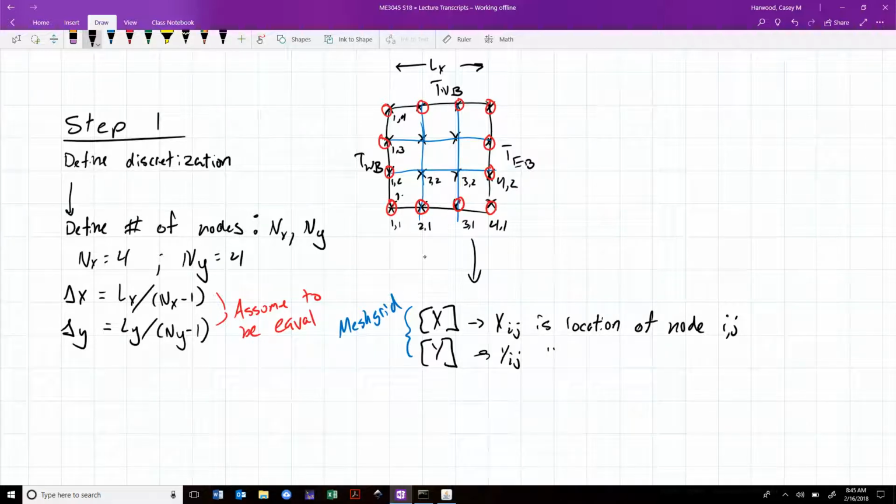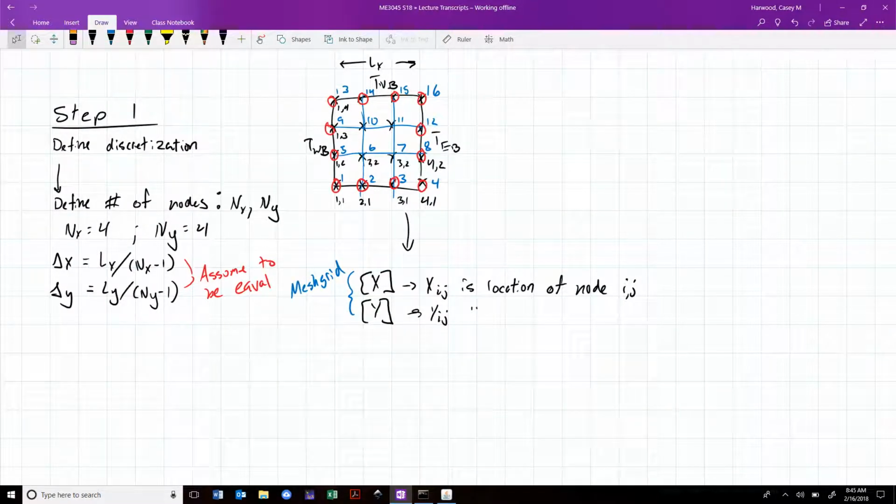I'll write those numbers in blue so that they're distinct. This all seems a bit mundane, but it's going to save you a ton of time later if you're careful in laying out how you number things.